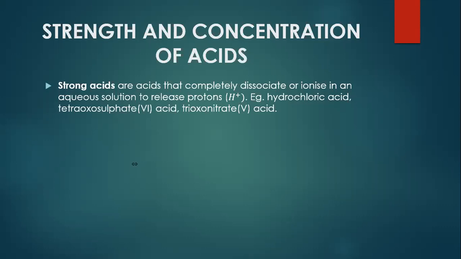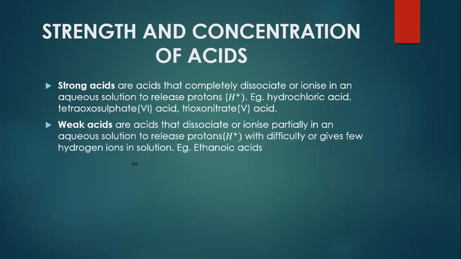Examples are hydrochloric acid, sulfuric acid, and nitric acid. These are examples of acids that are strong in nature. They ionize completely in an aqueous solution to release hydrogen ions or protons.